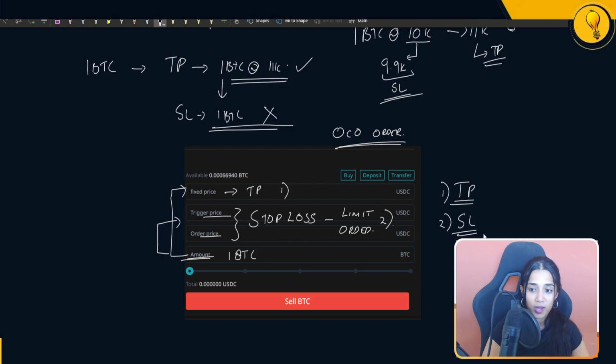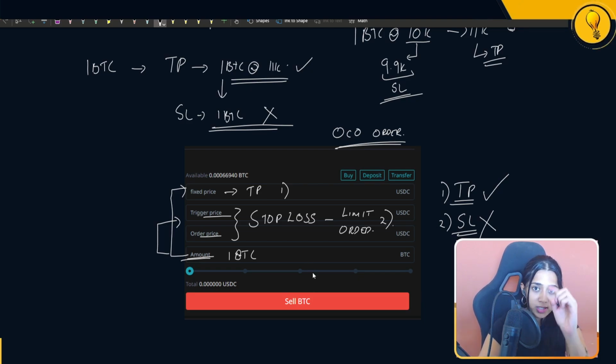Now the way it works is that if price first gets up to 11K, your take profit gets triggered and your stop loss order immediately gets canceled. That just goes right off of the open orders list. So as soon as one gets executed, the other one gets canceled.